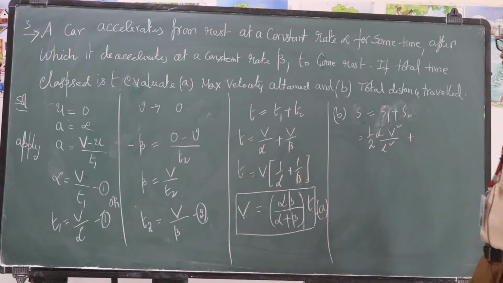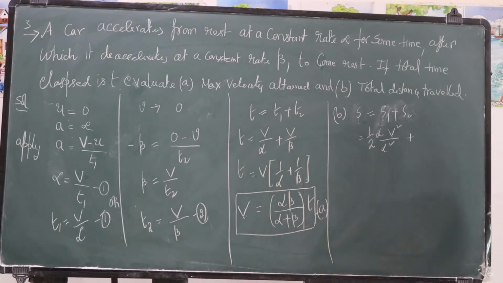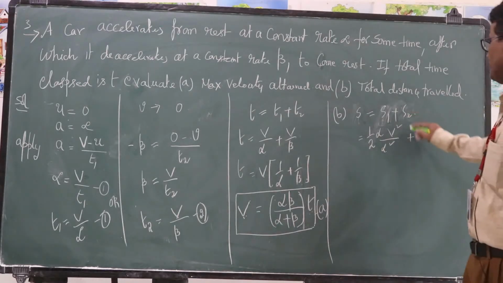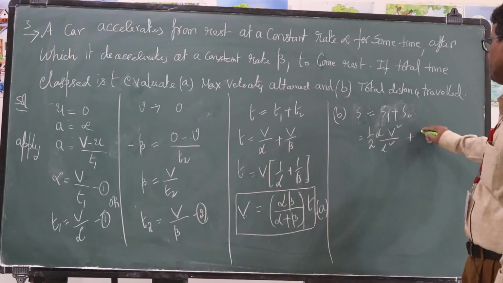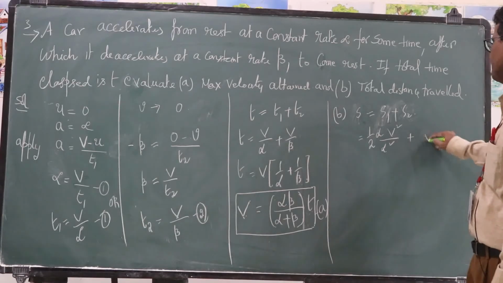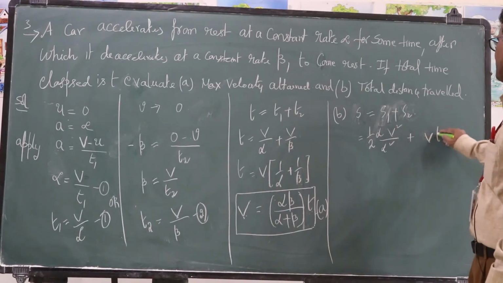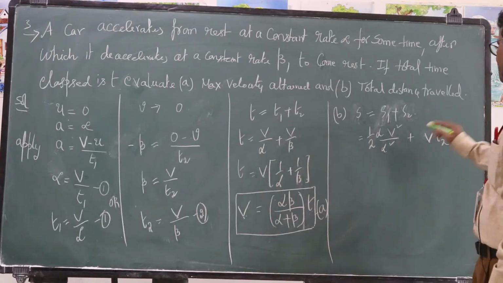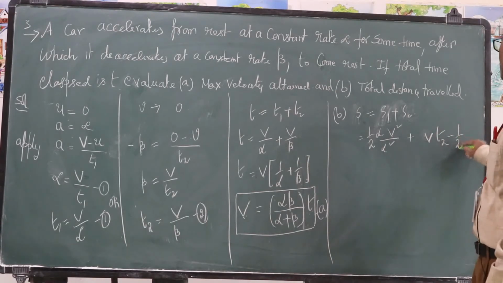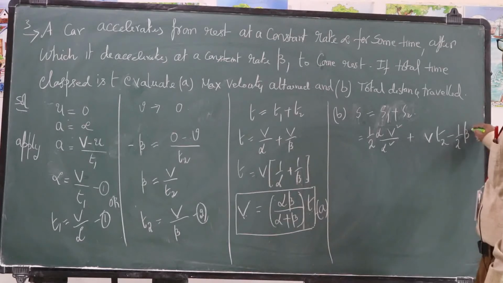Plus s2. S2 is the maximum velocity v into t2 minus half beta t2 square.